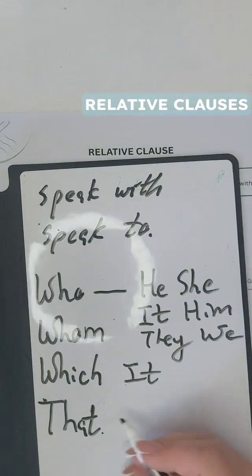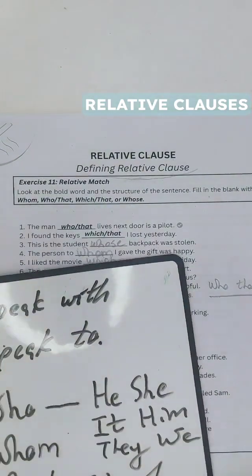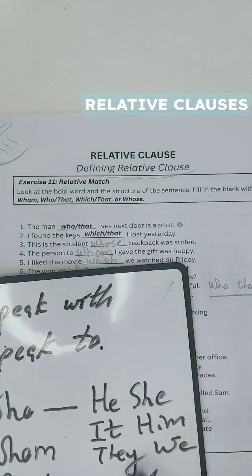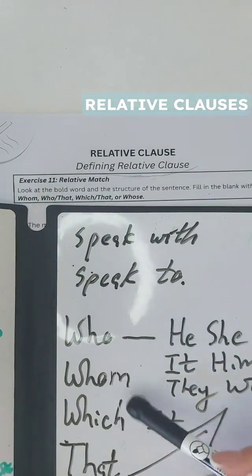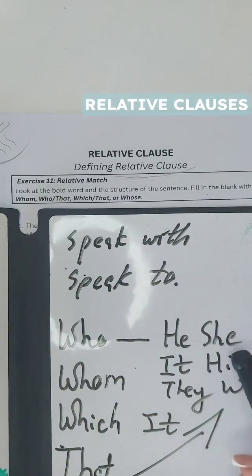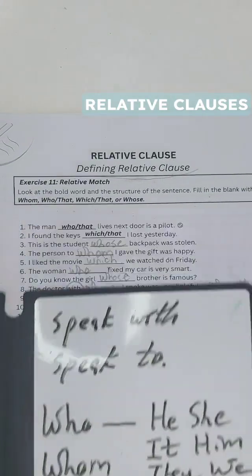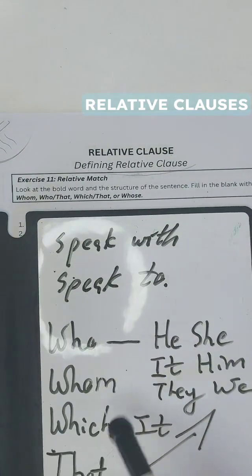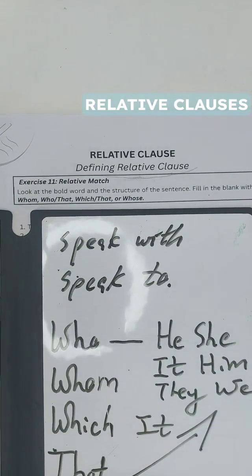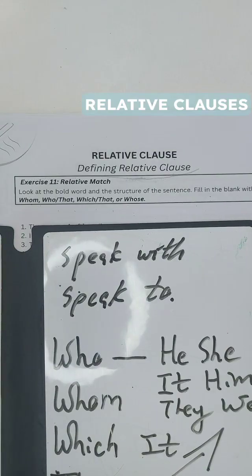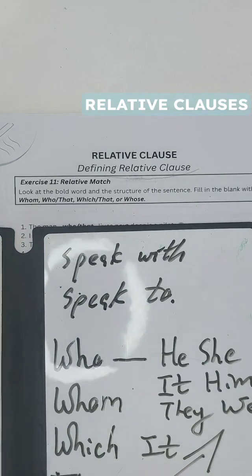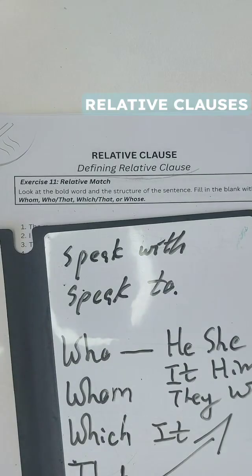So when we use these words, we don't need he, she, it, him in the sentence anymore, okay? Because they already mean he, she, him, etc. Excellent. So the doctor, which, okay.